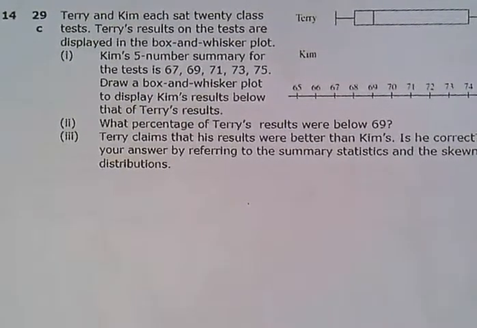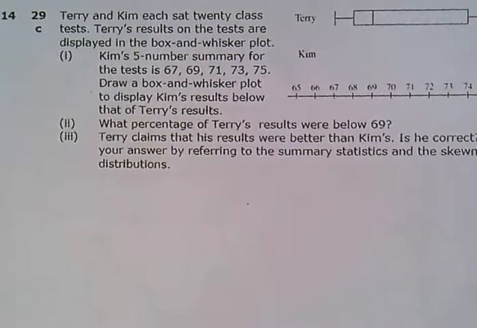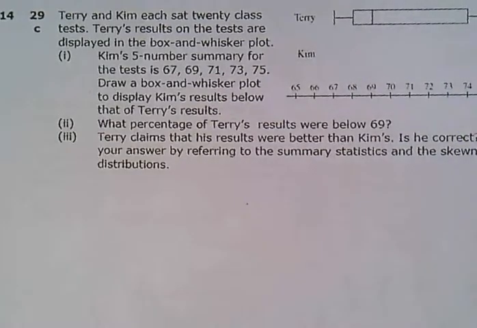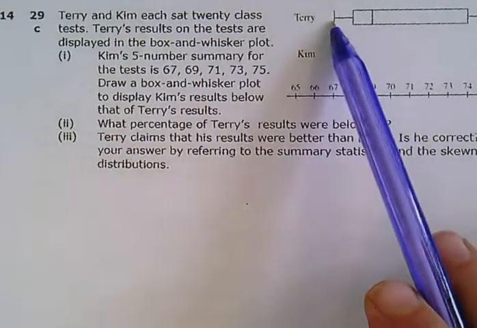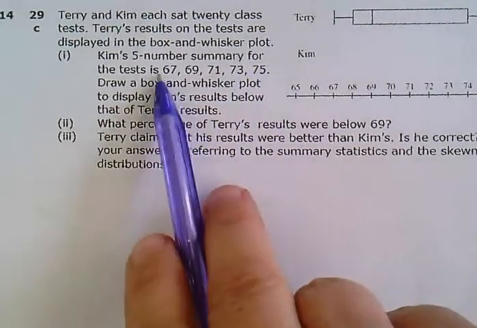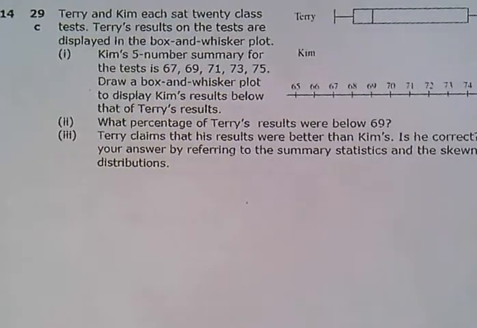Terry and Kim each sat 20 class tests. Terry's results are on the box and whisker plot at the top, and Kim's 5-number summary is below: 67, 69, 71, 73, and 75. Those 5 numbers are our critical numbers: lowest score, Q1, median, Q3, and the highest score.